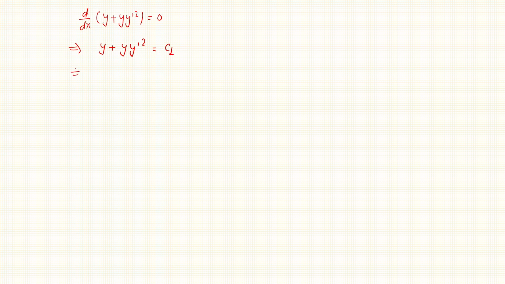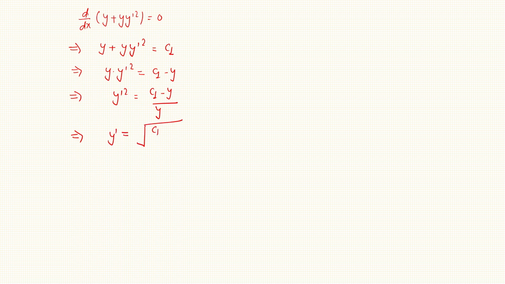Then we can also write y into y prime square will be c1 minus y, or y prime square will be c1 minus y upon y, or also we can write y prime is equal to under root c1 minus y upon y. Now we have to solve this equation.